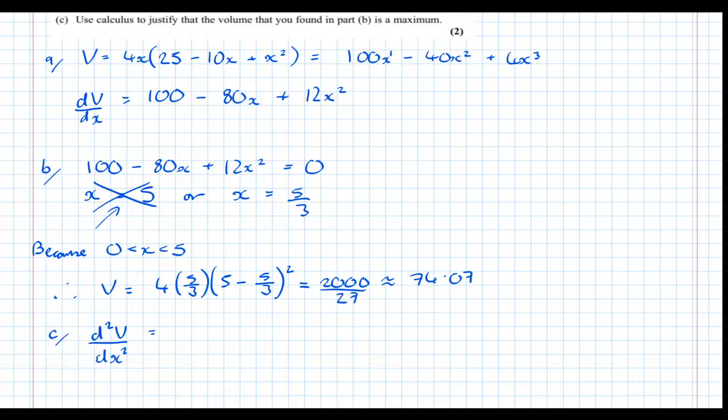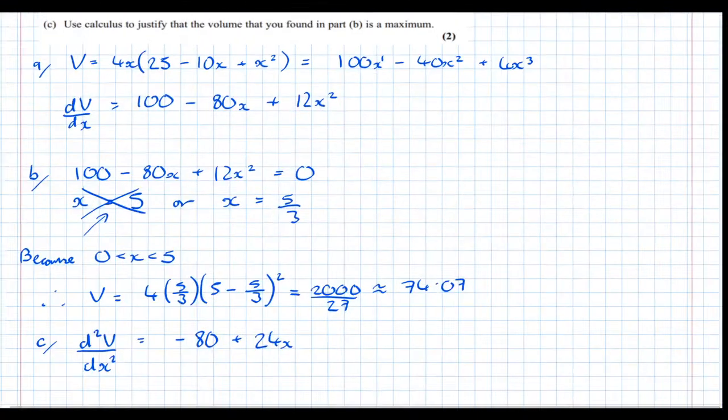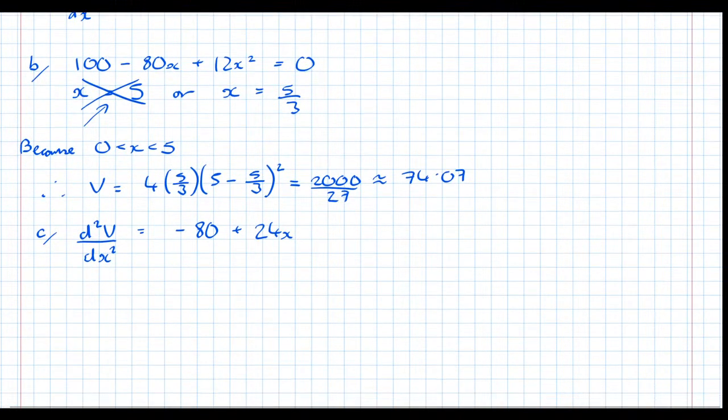So we're going to differentiate this here, dV by dx, again. So the first one, 100 differentiates to 0, minus 80x to the 1 differentiates to minus 80, plus 24x. So there's our second differential, and we want to find out whether that's positive or negative for x equals 5/3 there. So positive or negative for x equals 5/3. So let's see.